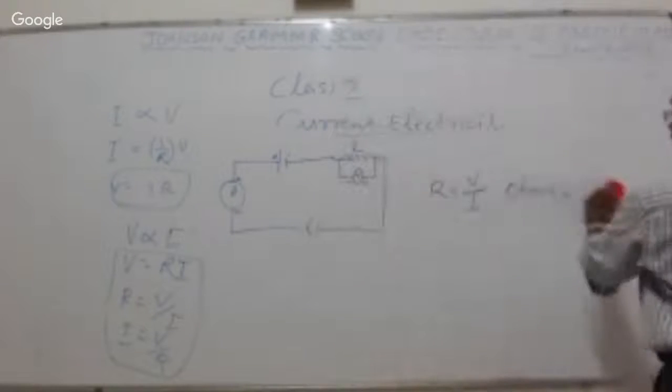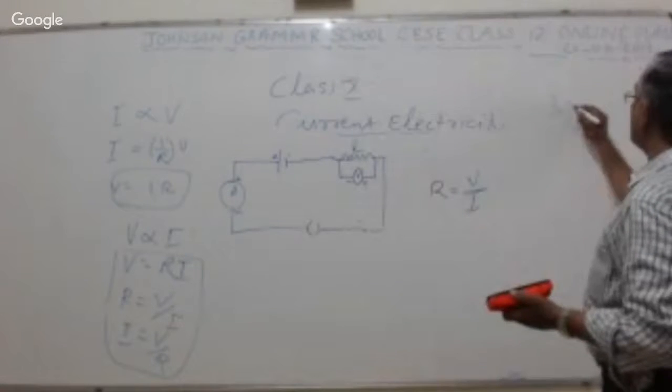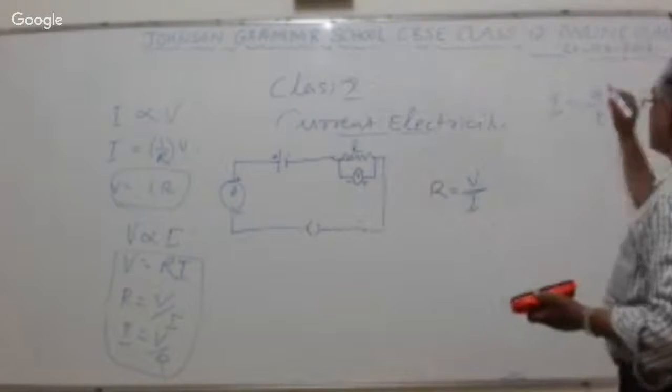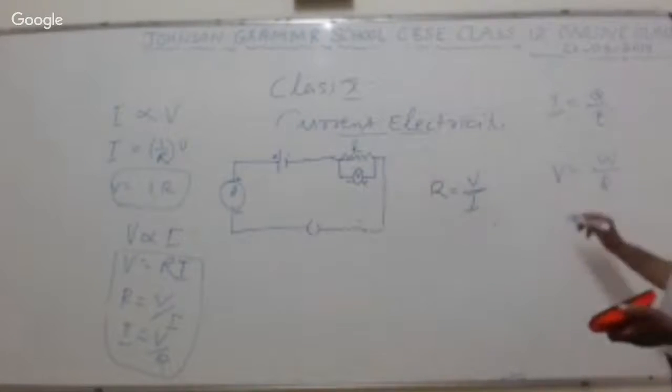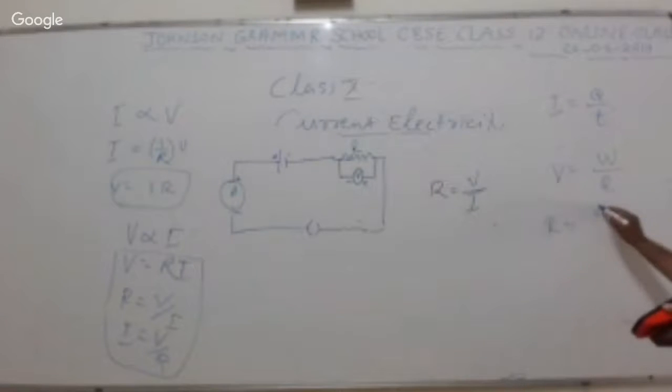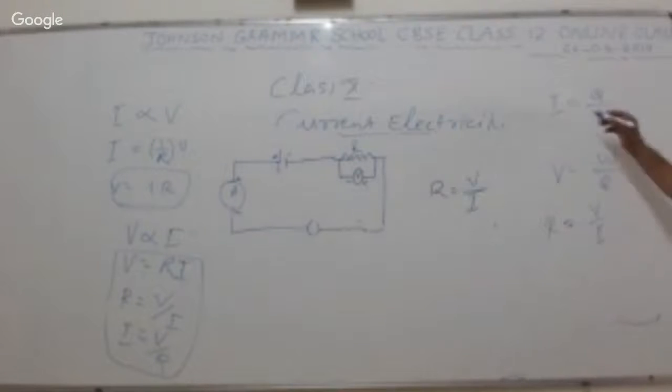So I is equal to Q by T, and V is equal to W by Q, and R is equal to V by I. So these are the equations. Remember, all the equations should be remembered. So I is equal to Q by T.